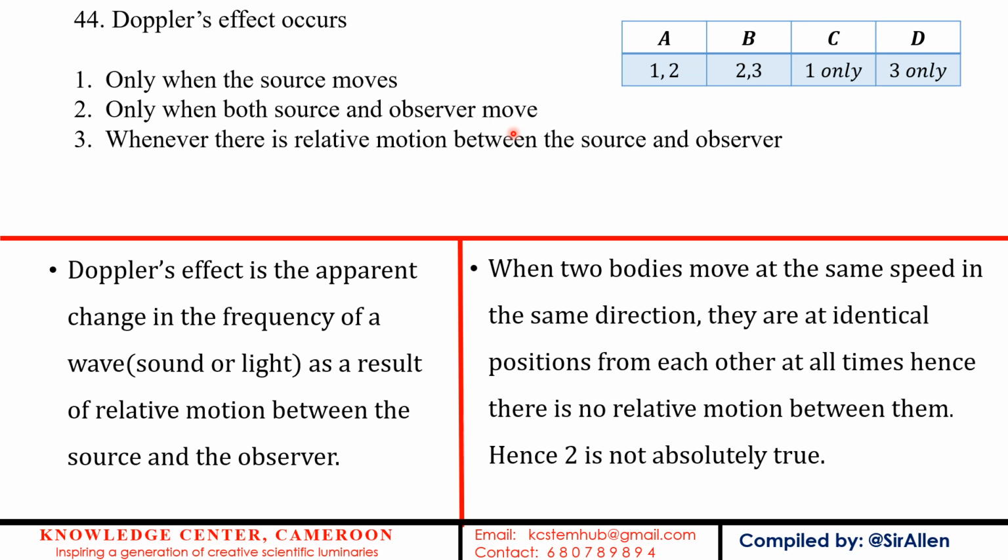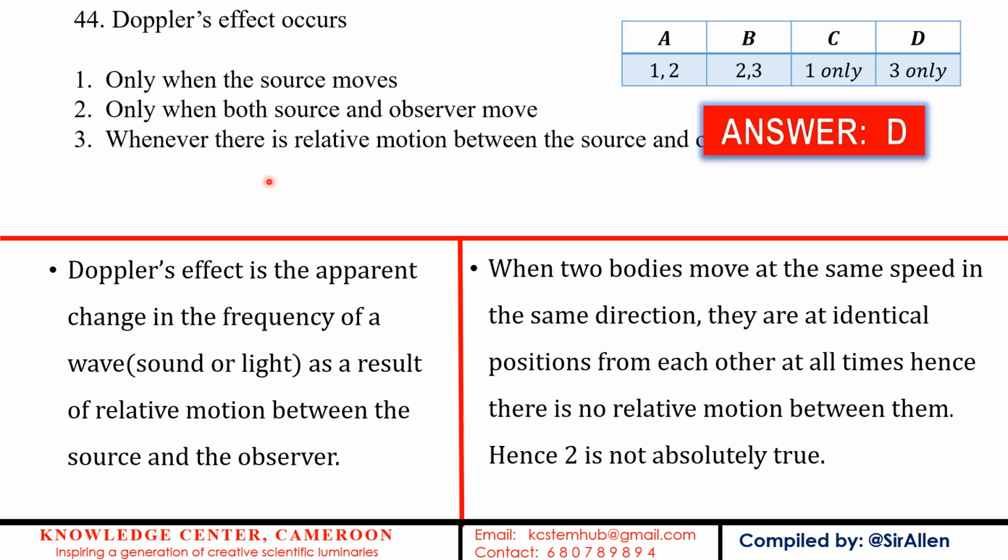Both can be moving in the same direction with the same speed. You're not going to observe Doppler effect in that case. Statement 1 says only when the source moves. That's not true, because the source can be stationary but the observer is moving, so you are still going to get relative motion between the source and the observer, and then Doppler effect. So statements 1 and 2 are not true. Statement 3 is our best answer, so our answer here is D.